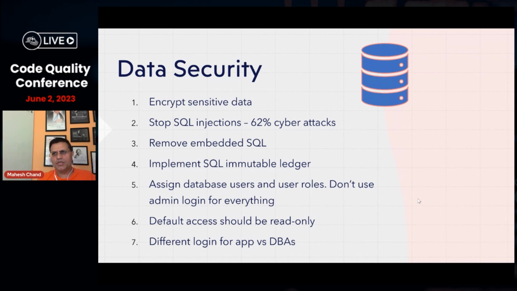Recently, we were trying to acquire or purchase a software product, and I found that the code was written so unsecure that we can't deal with this. So make sure any sensitive data that's stored in databases should be encrypted. And these days, databases already have these features. You don't have to write extra code. You don't have to do much about it.